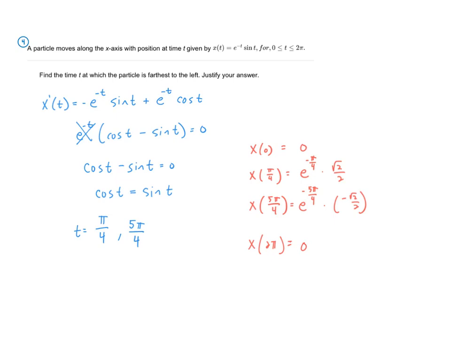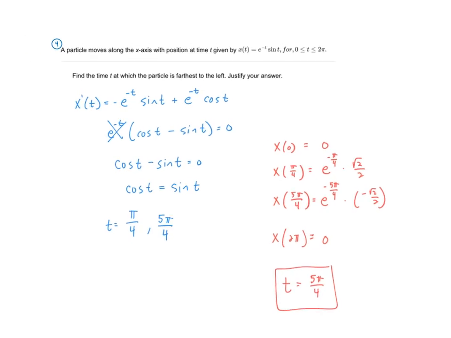So it's this. That's the smallest value. And they say find the time t, so 5 pi over 4, that's the time where it's farthest left. So t equals 5 pi over 4, the biggest negative, and so that's farthest left.